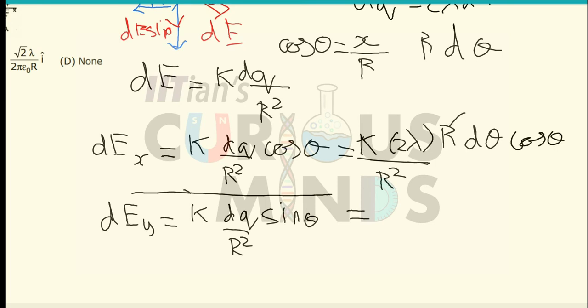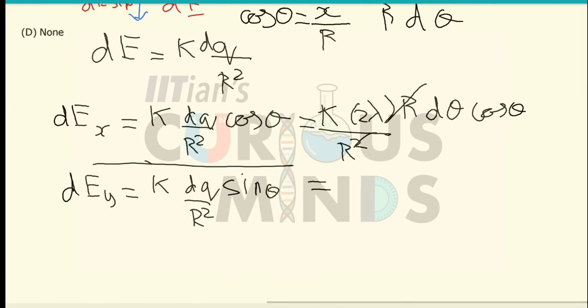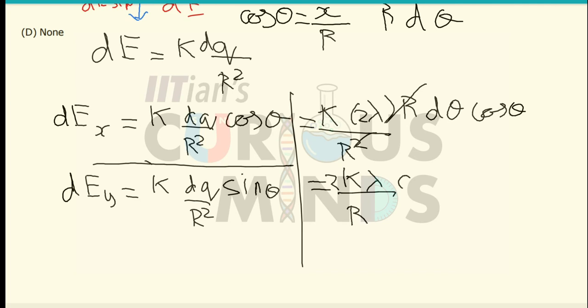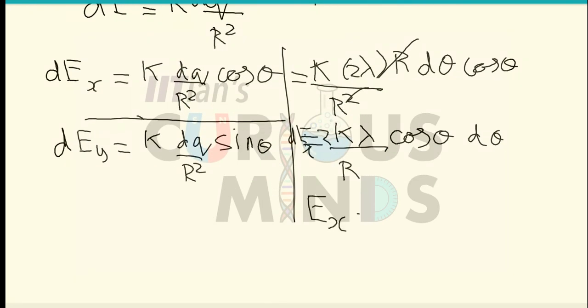Now I can integrate this part easily. If I solve this part further, it will be equal to 2k lambda divided by r, cos theta into d theta. Now this is the small field across x. So if I want to find out the entire field across x, we have to integrate this small field.